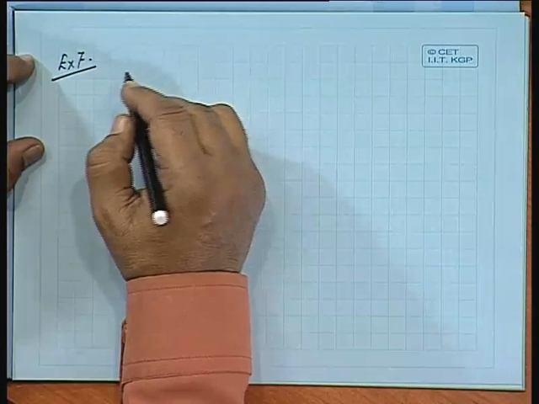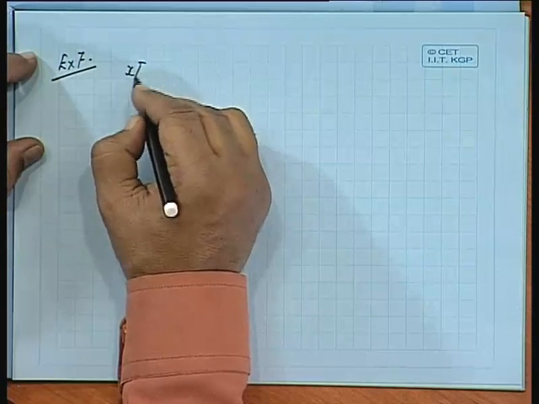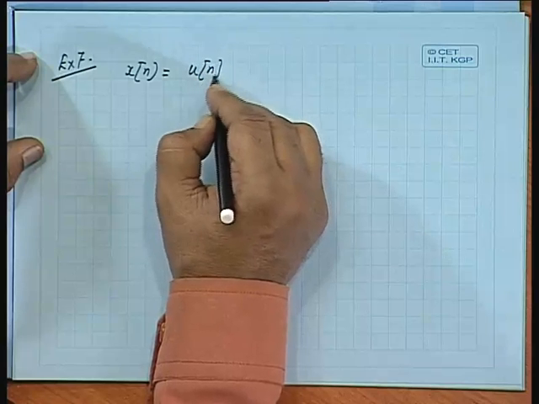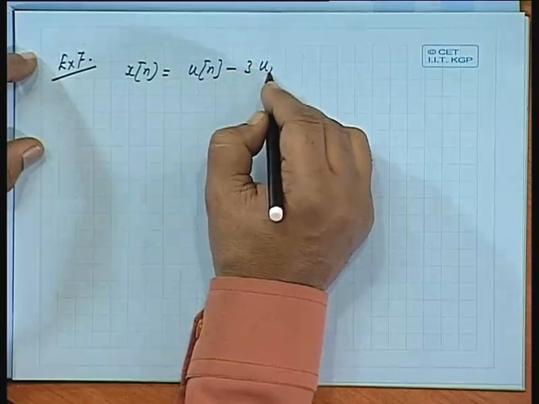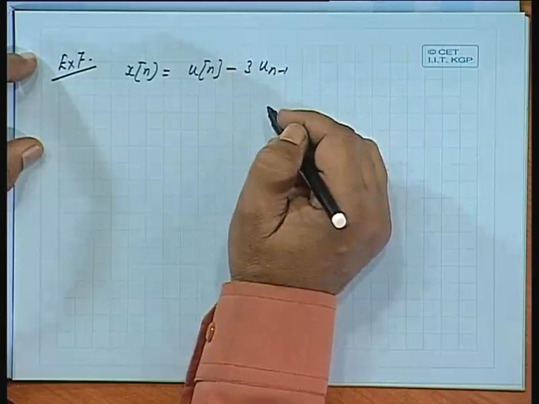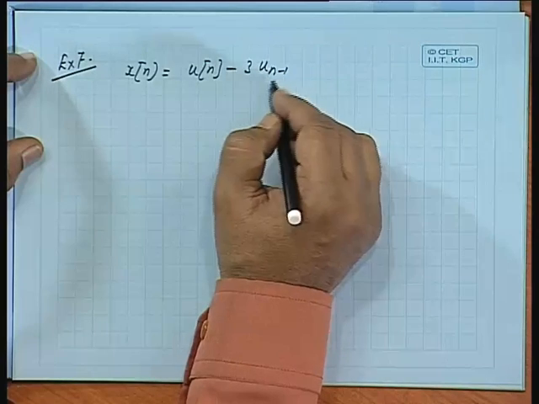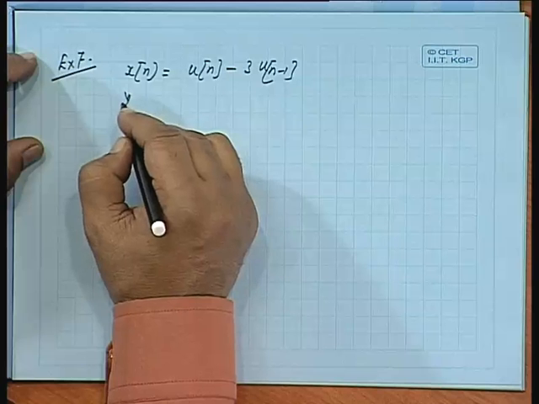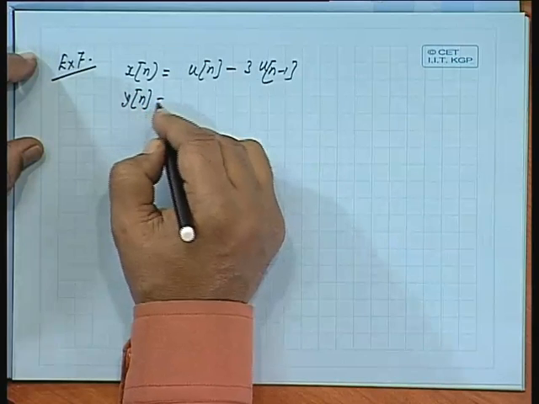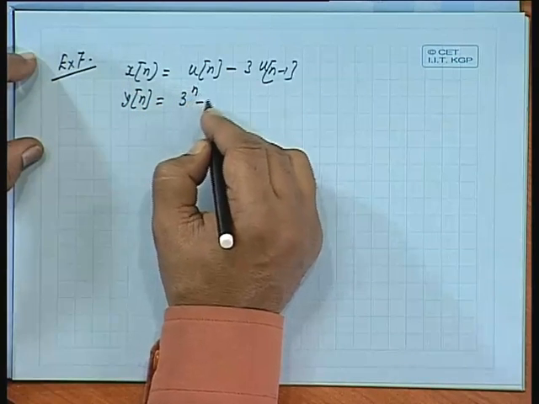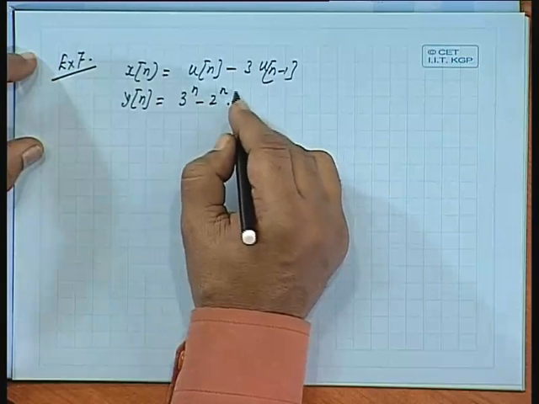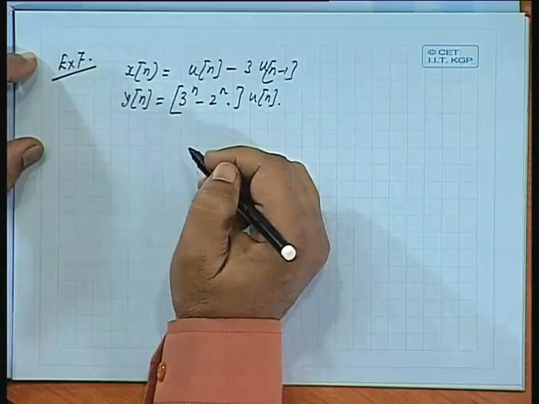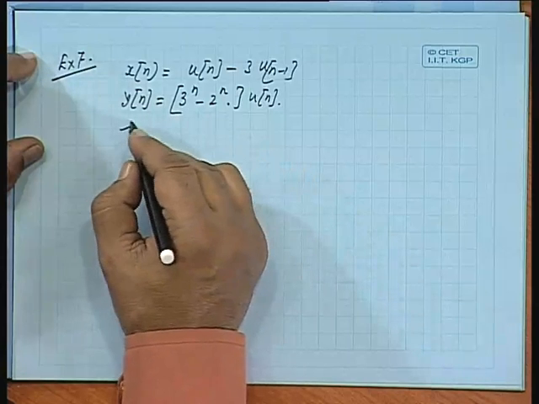Consider the signal xn is equal to un minus 3 un minus 1, and yn is equal to 3 to the power n minus 2 to the power n, un. What will be hn?